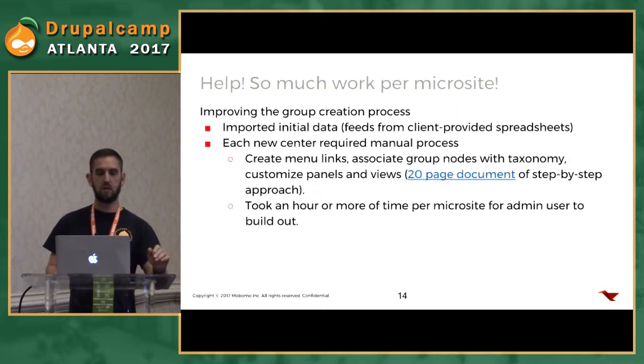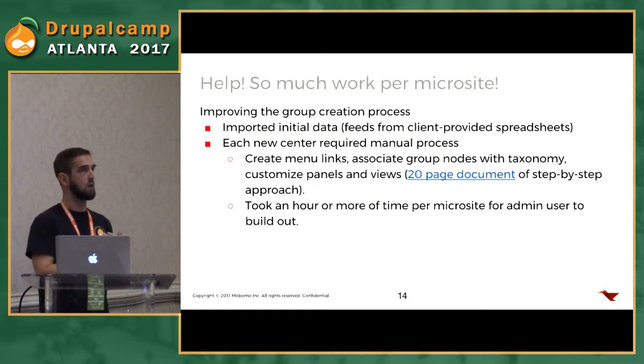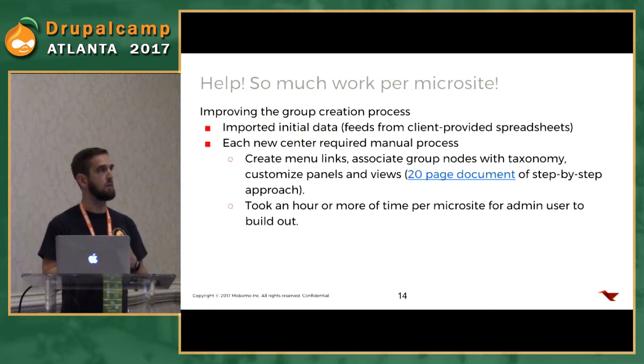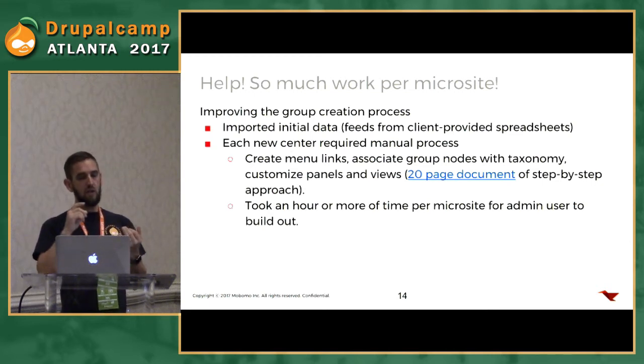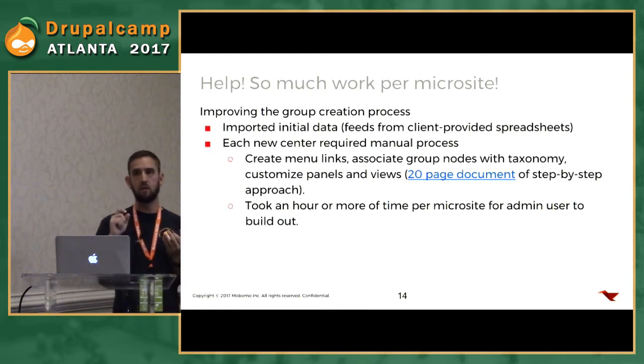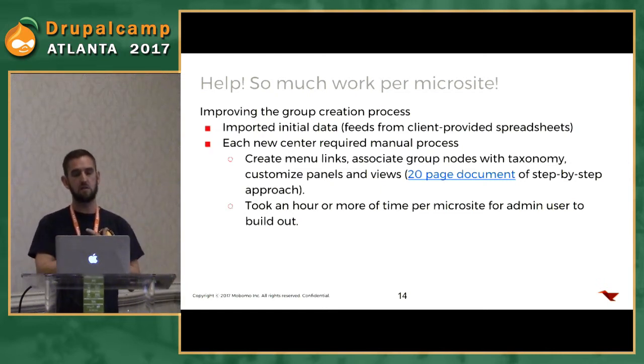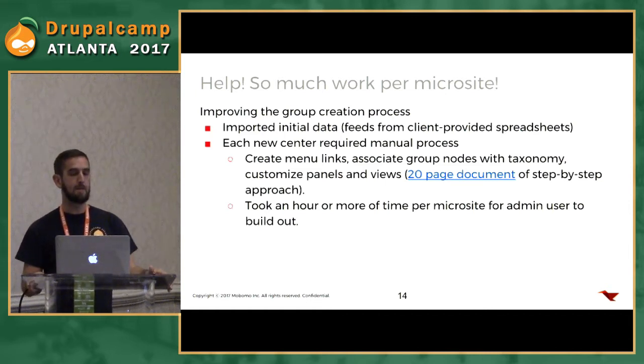So there's a lot of manual steps, right? If you are doing this by hand, even with that checkbox build tab, you create the node, you create the menu, you create a link in the menu for each one of those landing pages. You've got the different taxonomies. They may have their group-specific taxonomies, their OG vocabs, et cetera, et cetera.